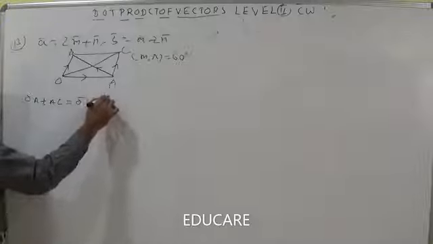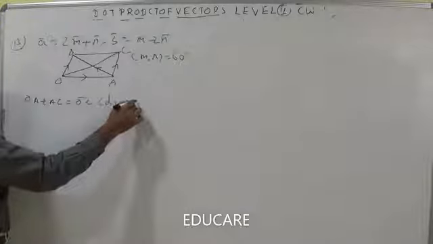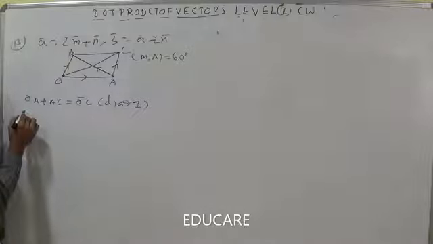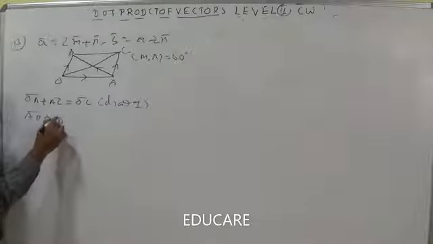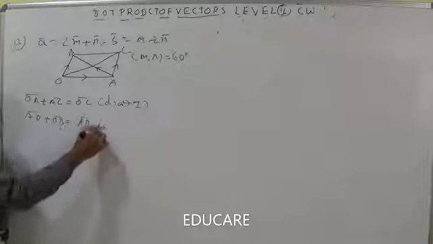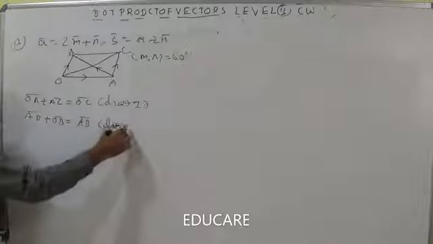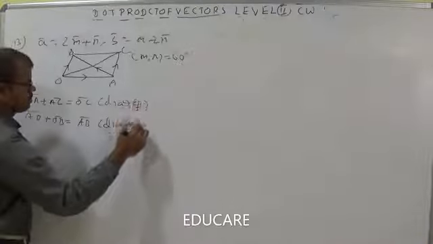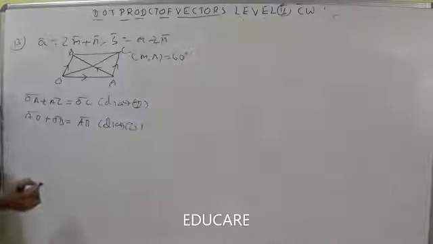It is diagonal 1. Next, using AO in the reversed direction, AO plus OB is equal to AB diagonal. This is diagonal 2. So the two diagonal lengths you should calculate.